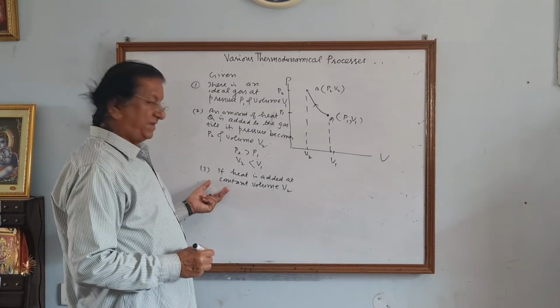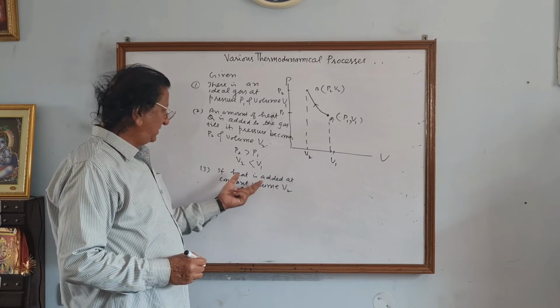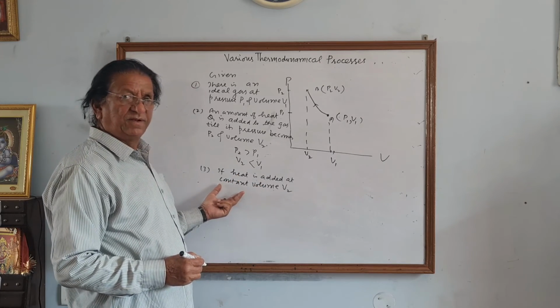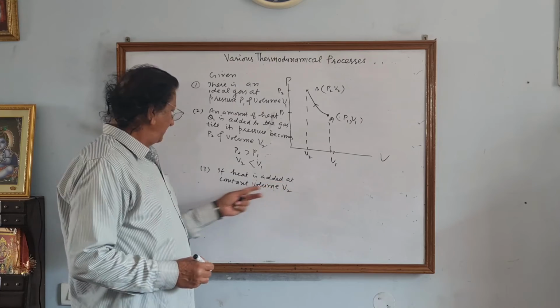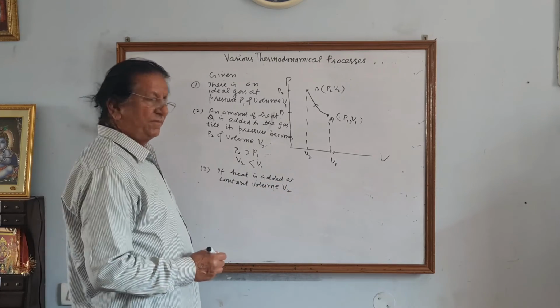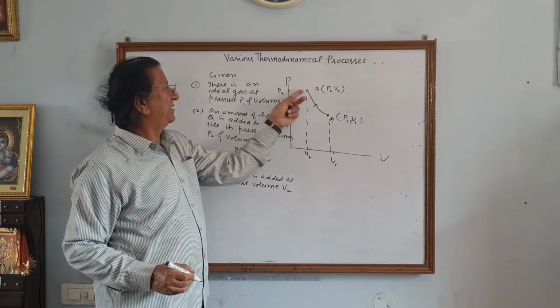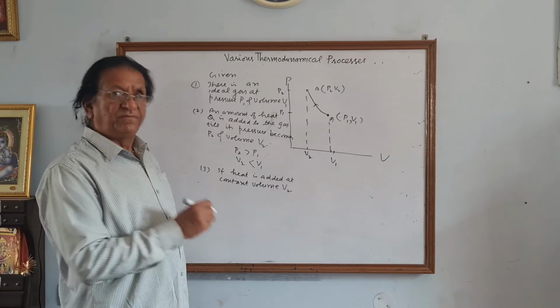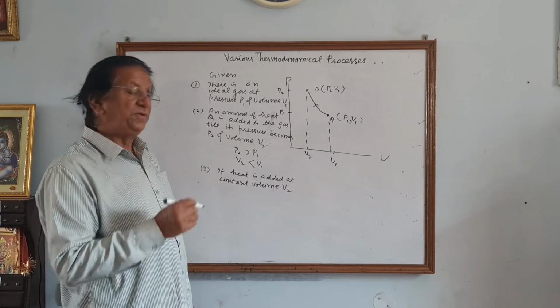In the third step, he says heat is added to the system, to the ideal gas, at constant volume V2. So it is attaining volume V2. Yes, sir. Now volume will remain constant. Now you are adding heat.